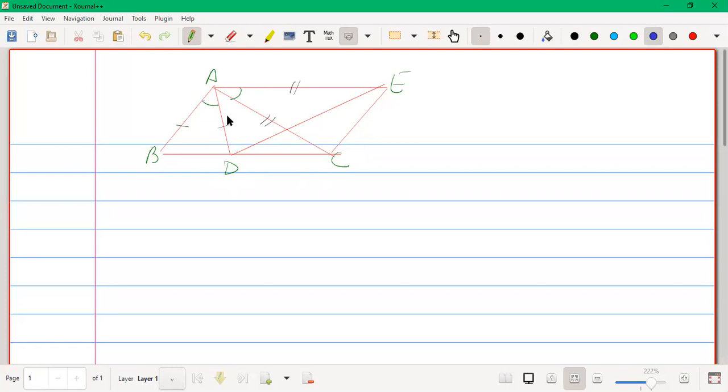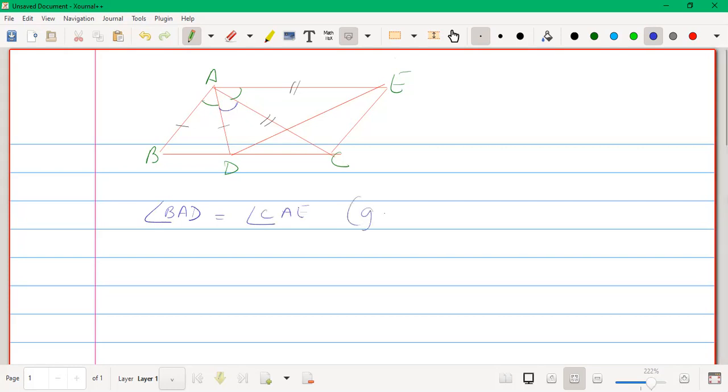Now what have we done? The remaining angle, angle DAC, we have added this angle. Because they have already told you that angle BAD is equal to angle CAE, this is already given, right?